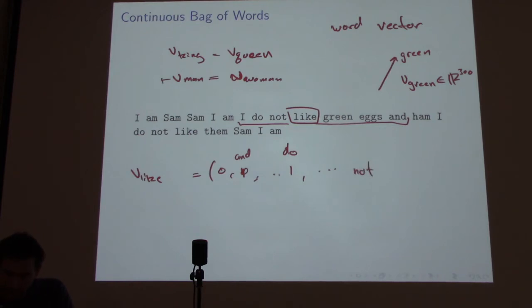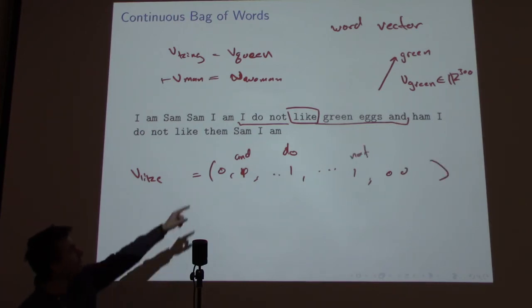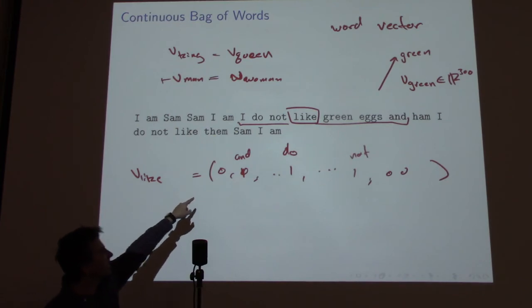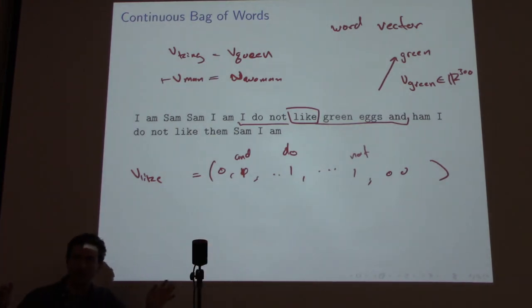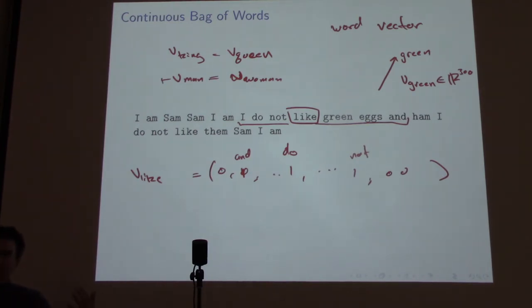It's going to have a 1 for the word not, and so forth. So this instance of this word is going to get this representation, just like the bag of words representation. I'm counting in this neighborhood of radius 3. I'm going to count how many instances of each word.